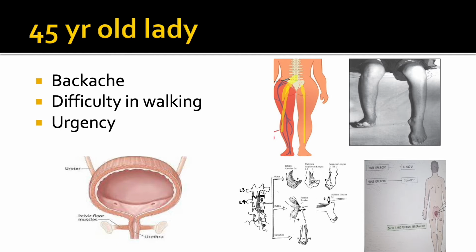And sensory examination showed there is perianal sensory loss. So in short, she had bilateral sciatica, difficulty in walking with motor weakness involving the left ankle, that is by asymmetrical weakness, and had areflexia involving both legs.